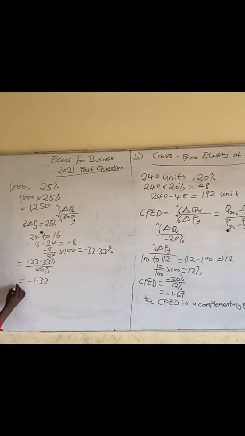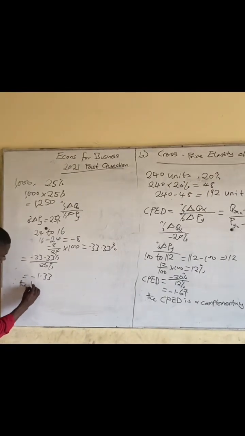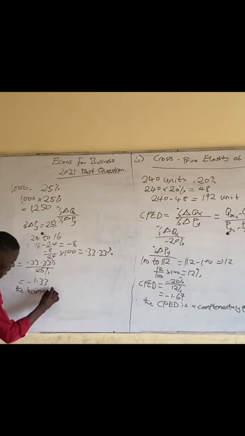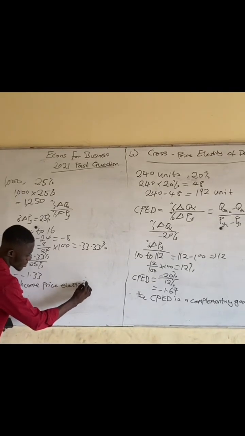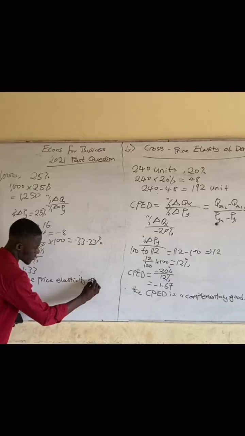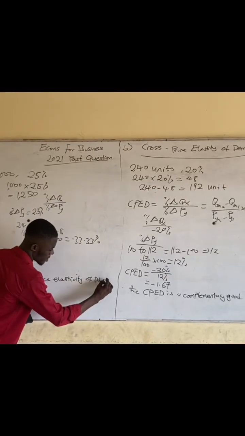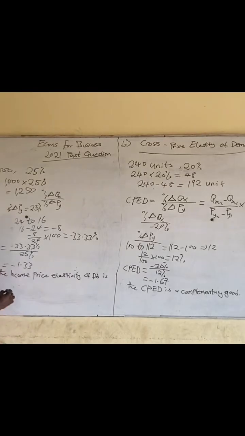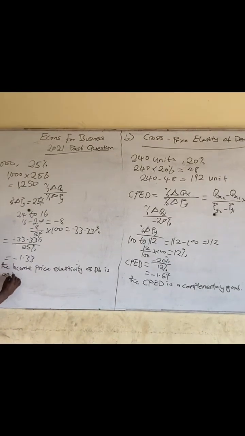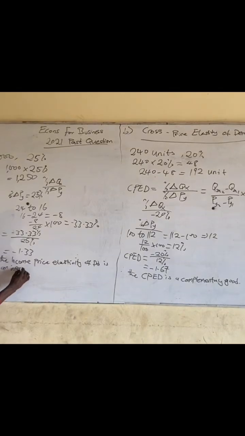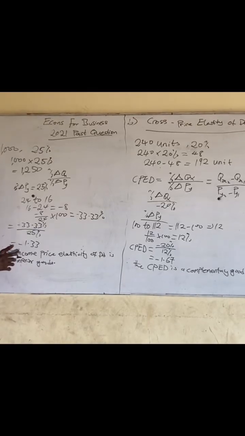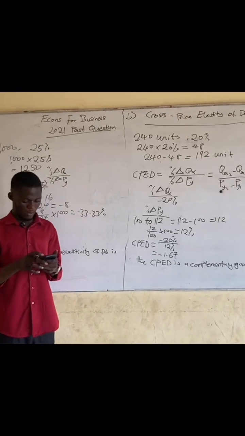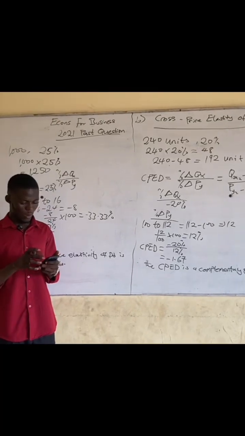So therefore, the income elasticity of demand is an inferior good. Okay, yeah, so we are done with question 1.